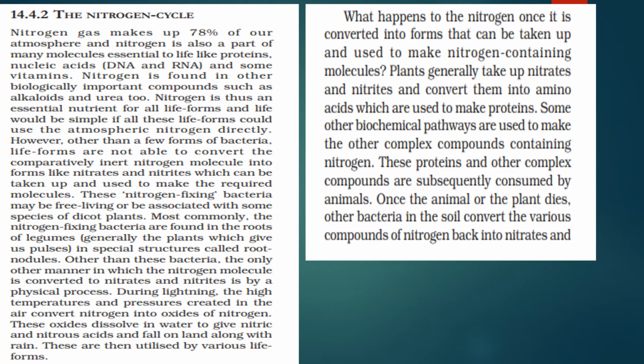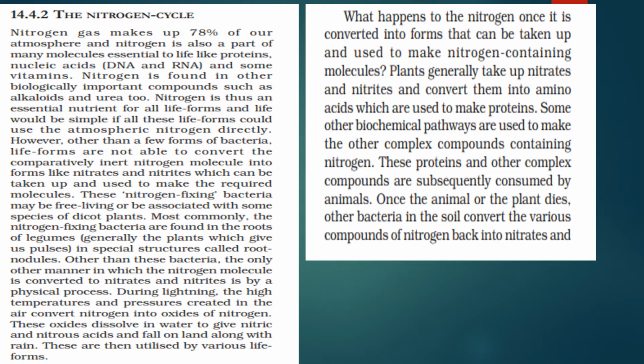They can convert this atmospheric nitrogen into a usable form, and then the plant can absorb it from the soil. These nitrogen fixing bacteria may be free living or may be associated with some species of dicot plants. Most commonly, the nitrogen fixing bacteria are found in the roots of legumes.